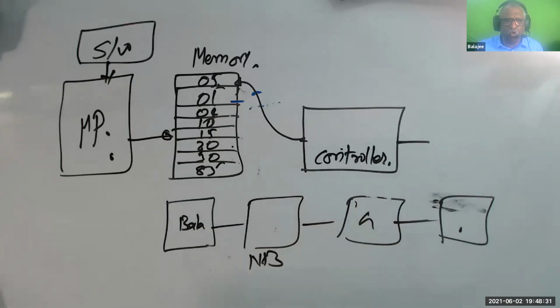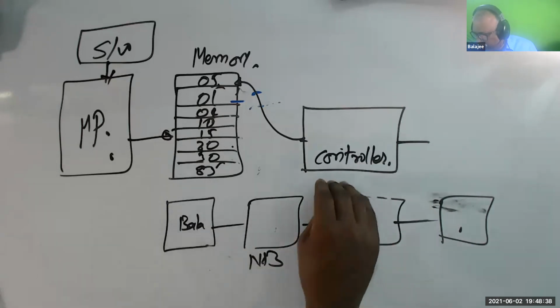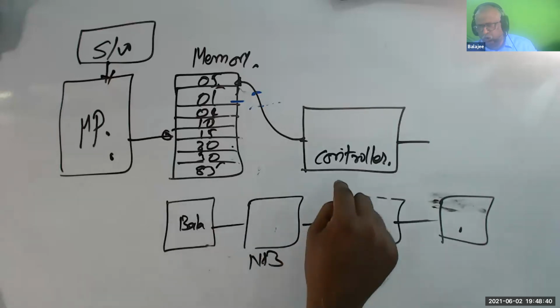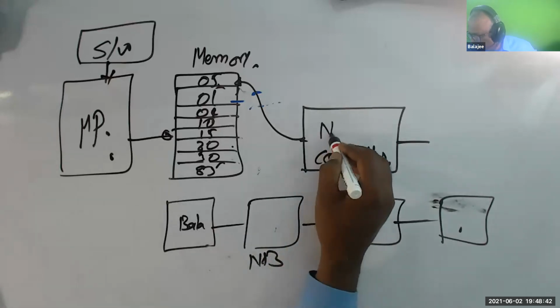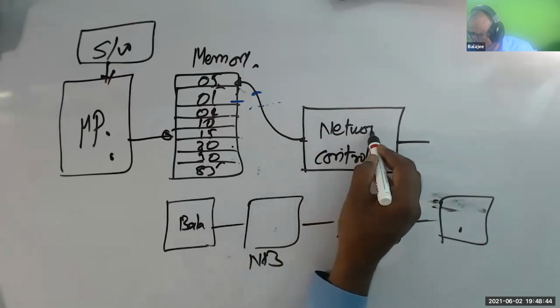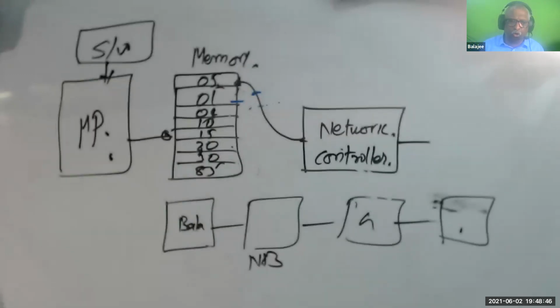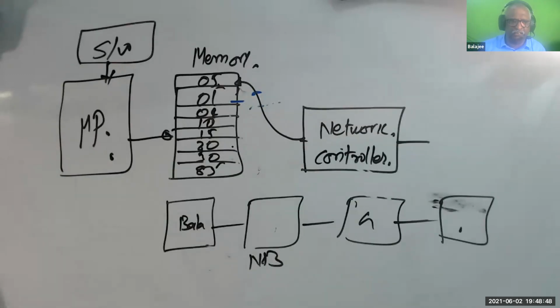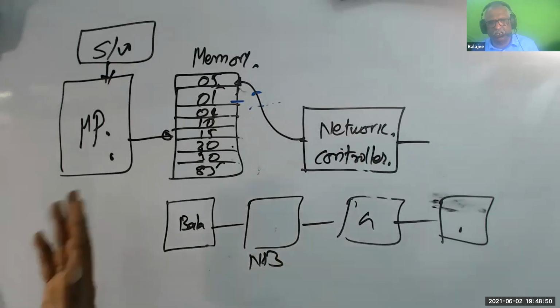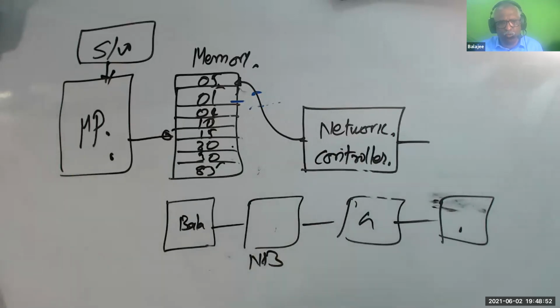You tell the cook the item. You have a driver, a cook, all of them are human beings. Like that, here also in a computer, there is somebody called a controller. That controller is called the network controller. Forget the name, because I have a USB controller, a hard disk controller, a display controller, so many controllers.